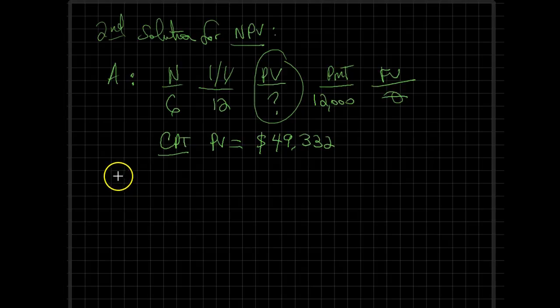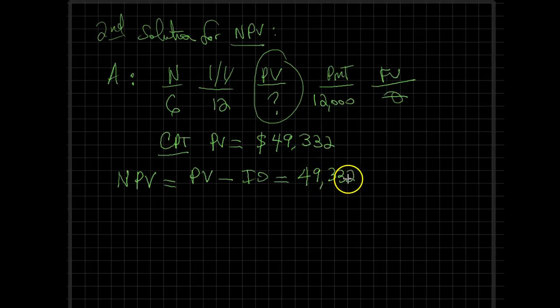Now, in order to get the NPV, we need to subtract the initial outlay from the present value calculation. So the present value was $49,332. We subtract the initial outlay of $50,000, and lo and behold, we get the same result of minus $668.